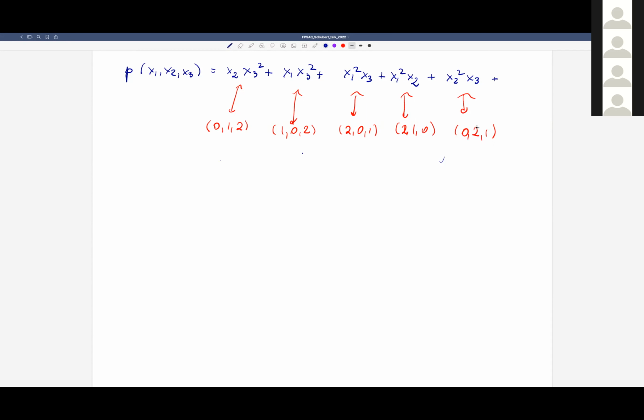I want to take all the permutations of (2, 0, 1) as exponent vectors. So I am missing (1, 2, 0), that is x1 x2 squared, which apparently wasn't on my list, but it should have been.